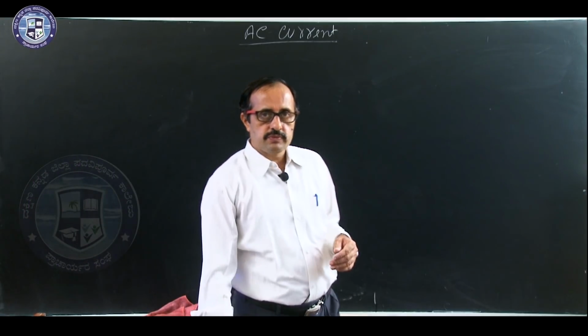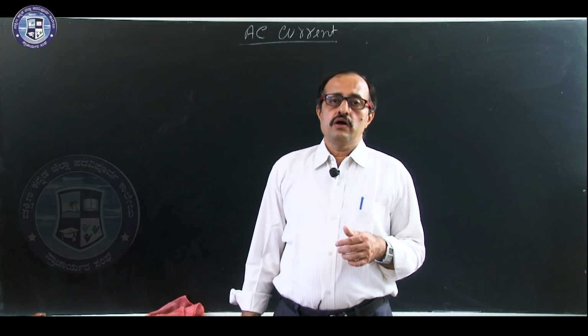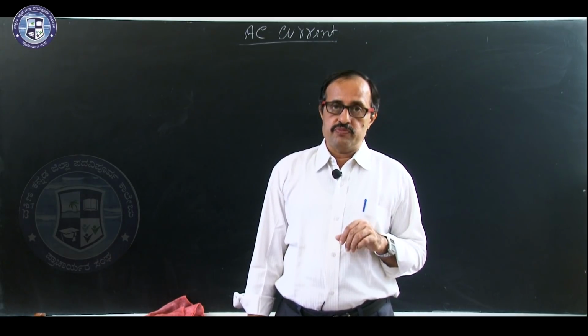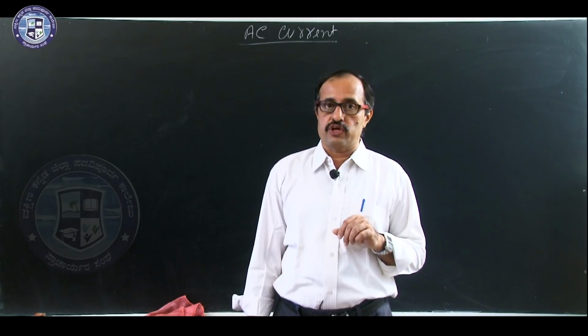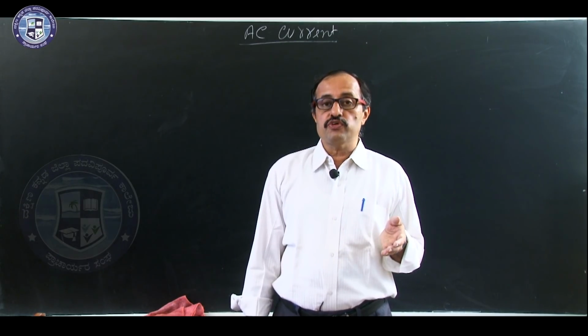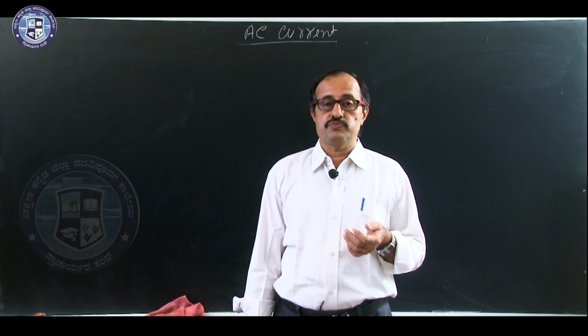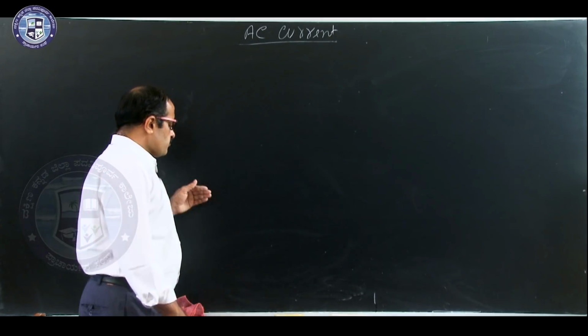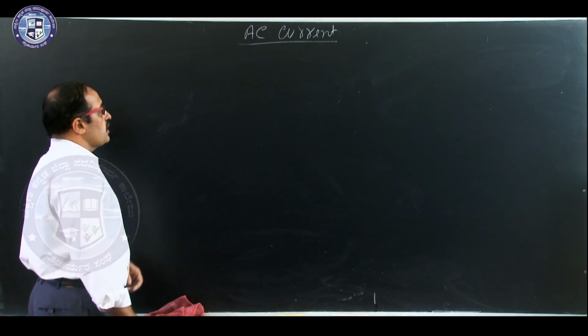Now, next one is variation of current with the frequency, that is the behavior of the LCR circuit with the frequency of the applied AC. So, this we discuss. Now, the discussion is very interesting and very basic.